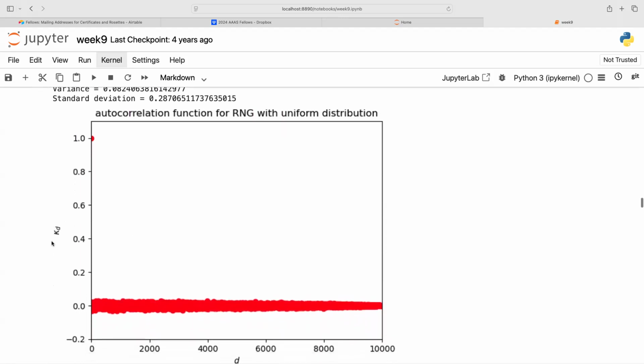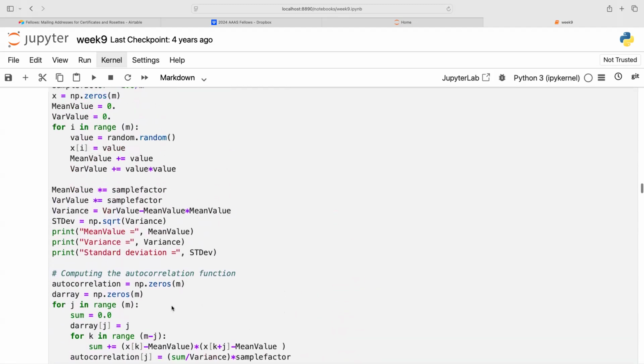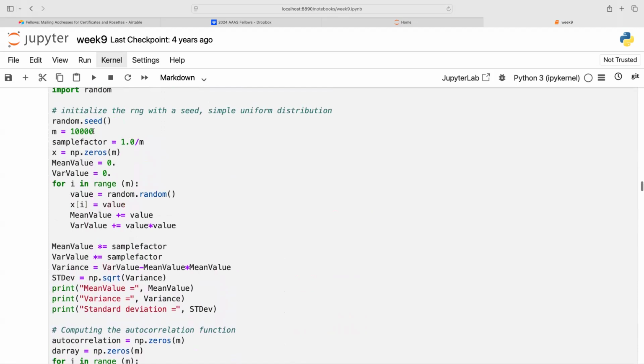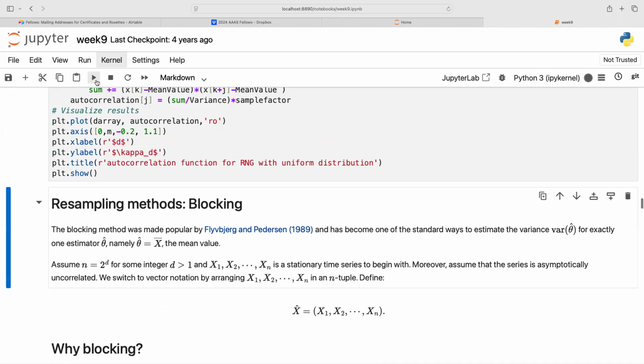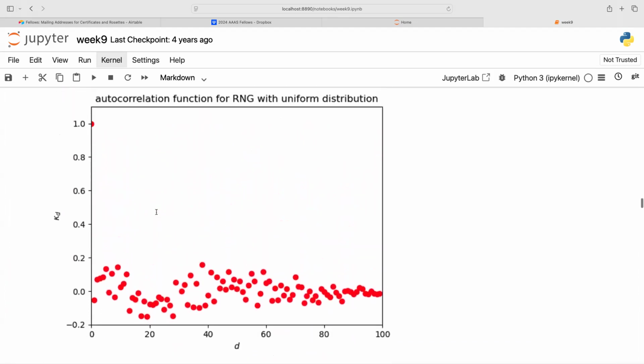So you can now see the autocorrelation function for a random number with a uniform distribution. It starts up here. And what you're looking at now are the correlations between the random numbers you generate. Nothing more than that. If we make the number of data a little bit smaller, you can see more clearly.